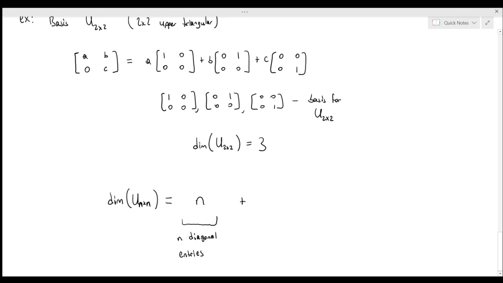Now, in addition to filling out the n diagonal entries, I also want to fill out all the entries that are above the diagonal. So let's think what that would be. There will be n squared minus n entries that are not on the diagonal.